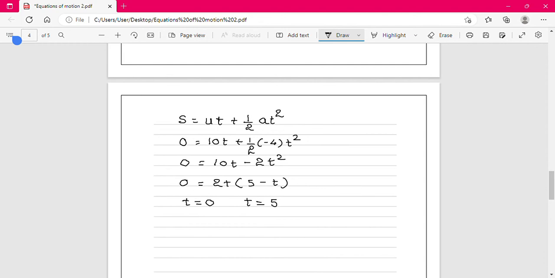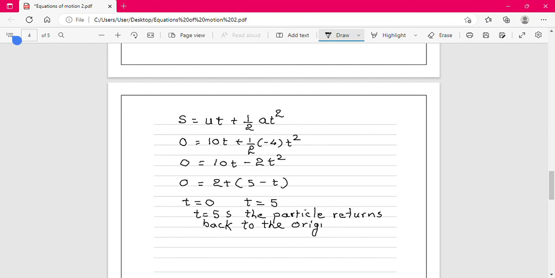So at t is equal to 5 seconds, the particle returns back to the origin.